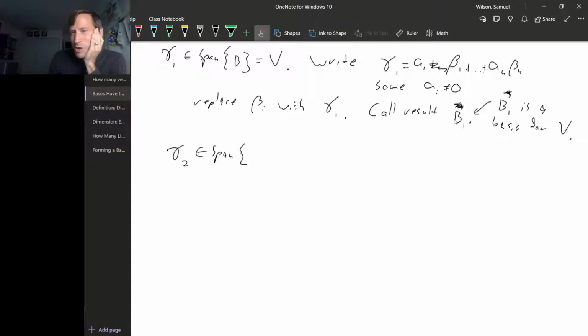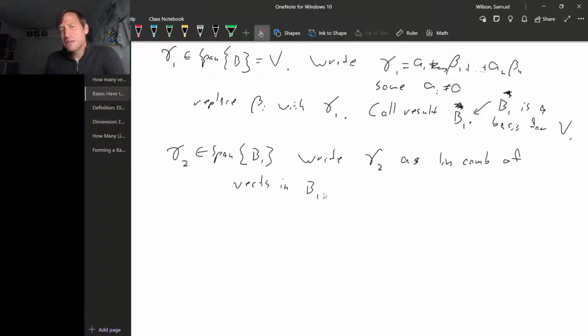So B sub 1 because we've done one replacement. Okay, now gamma 2 is in the span of B sub 1 because, after all, we know B sub 1 is a basis for V. So that means that we can write gamma 2 as a linear combination of vectors in B sub 1.